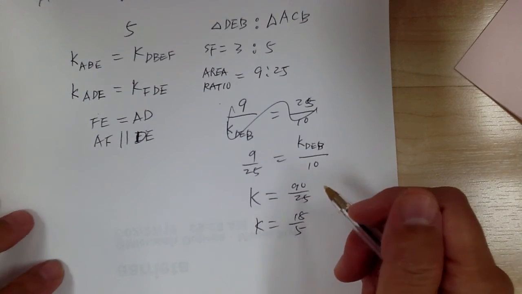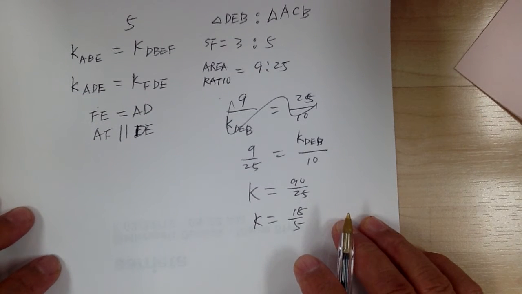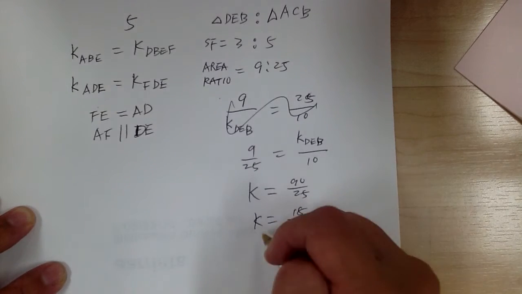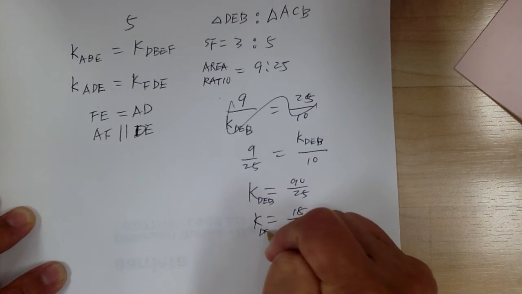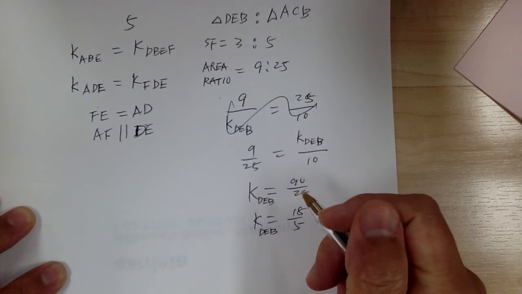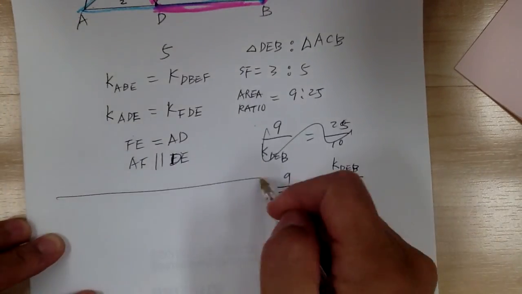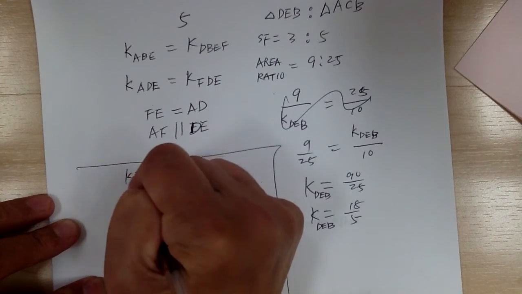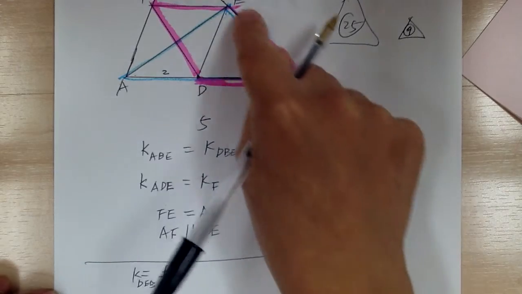Okay, so this is DEB. Once you find the area of DEB, k of DEB equal to 18 over 5.